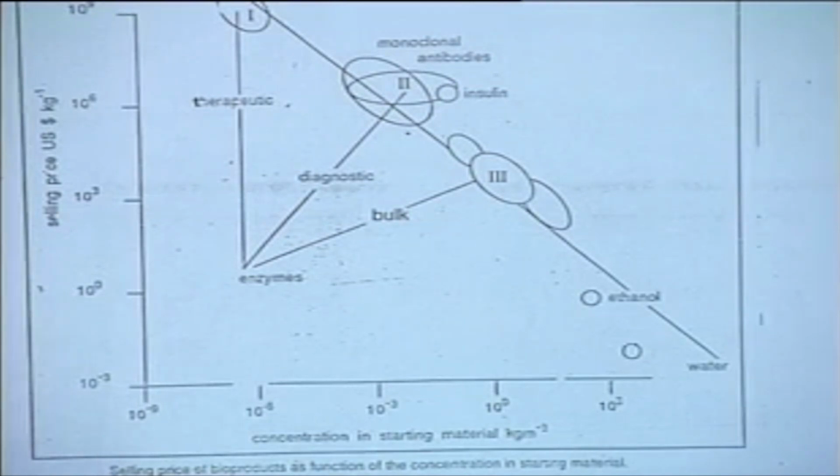As you see in this figure, the cost is directly linked with the concentration in the starting material. It could be a fermentation broth in most cases. Now, in the fermentation broth, if the concentration of the desired enzyme is very, very low, the cost is very high. And the second factor of cost is the application, the degree of purity you need for that particular application.